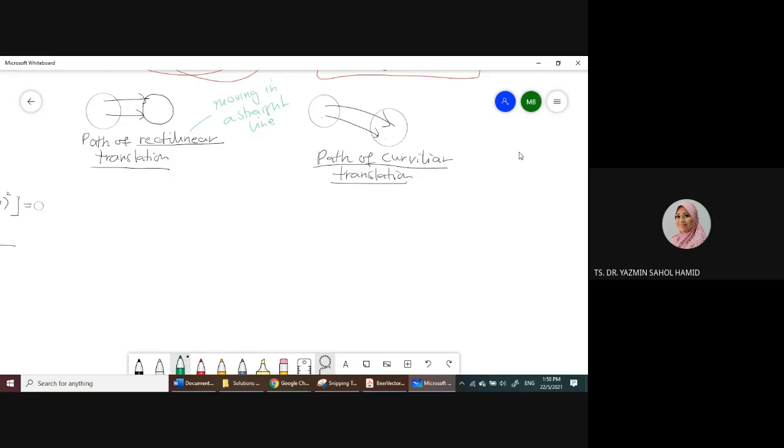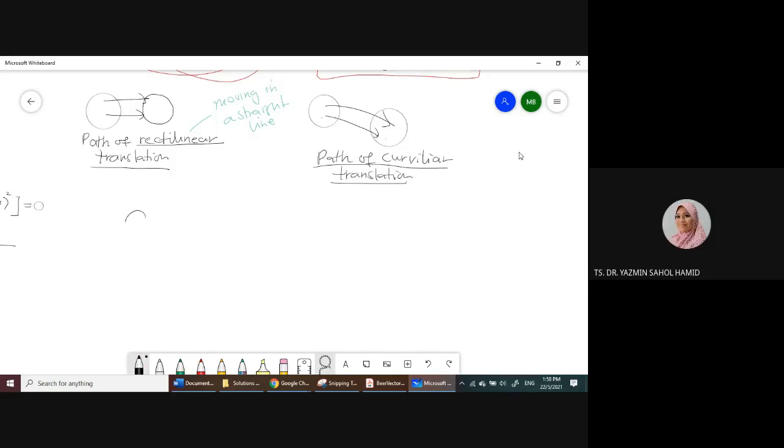It doesn't change shape. It translates as if you put it in a different position, you push it to another position. Alright, okay?